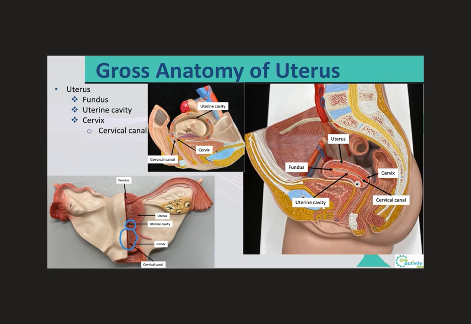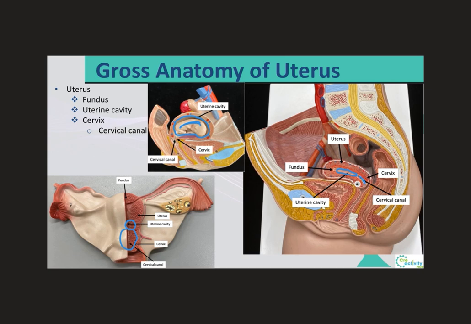Inside the body, we find this space that is called the uterine cavity, which, as we see on this model, will expand during gestation to accommodate the fetus or the embryo growth. Now, around the cervical muscular wall, there is a narrower opening, which is called the cervical canal.